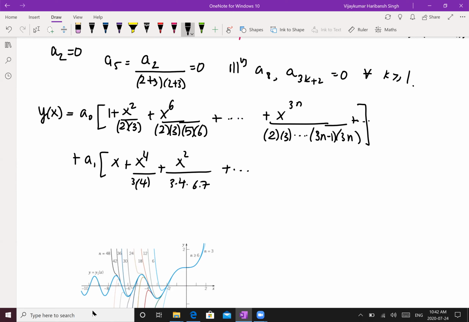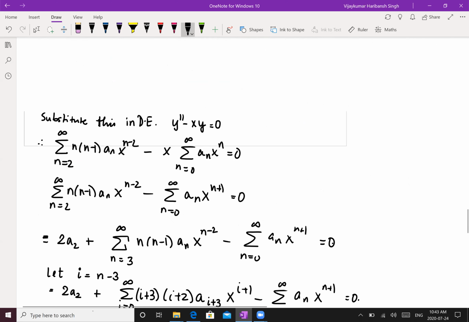This should also keep on going, dot dot dot, x to the power 3n plus 1 divided by 3 times 4 dot dot dot 3n times 3n plus 1, and this process keeps on repeating. So this is how the solution looks. So we have solved the following equation.